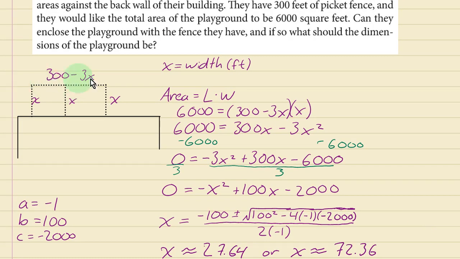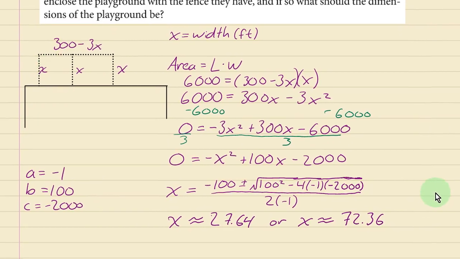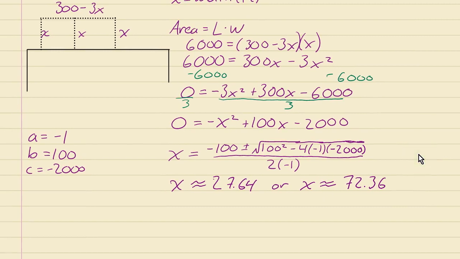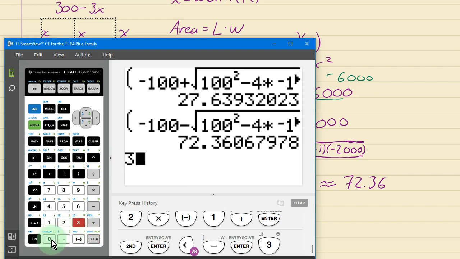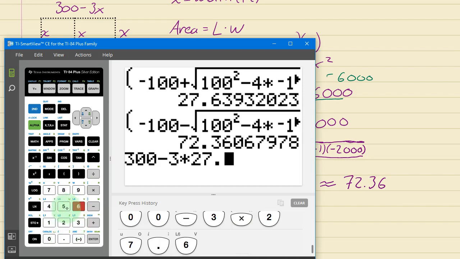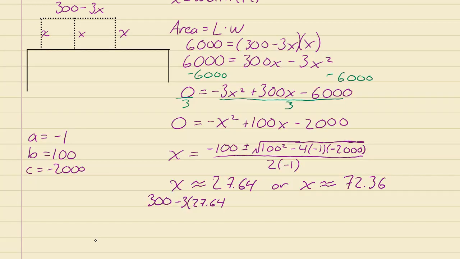We want to see what the dimensions should be to make it so this all works, so that we can actually build this playground. So if x is 27.64, then the length on the long side is going to be 300 minus 3 times that. We can do that on a calculator. We get 217.08.